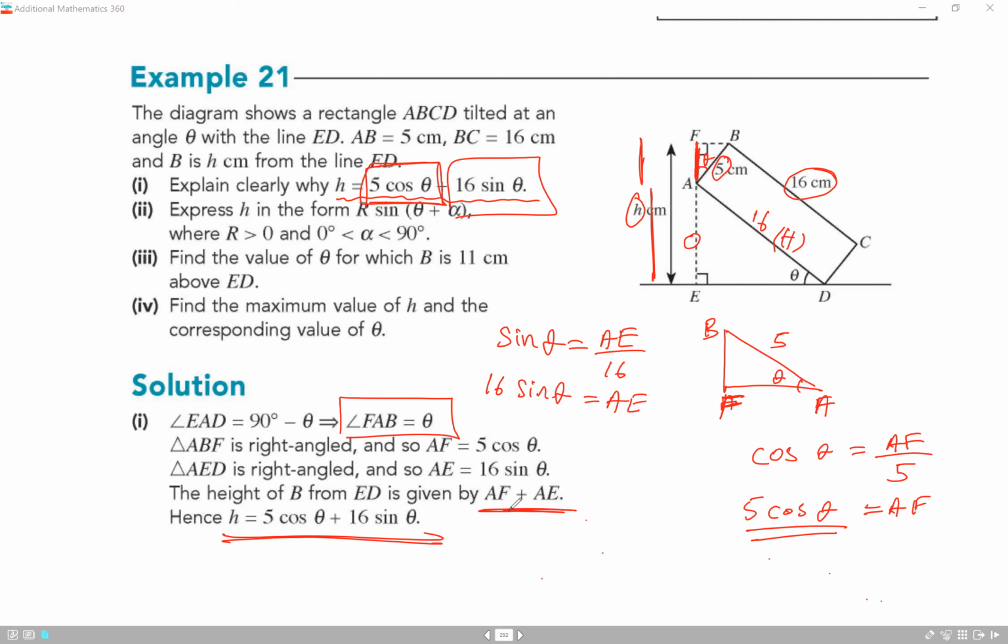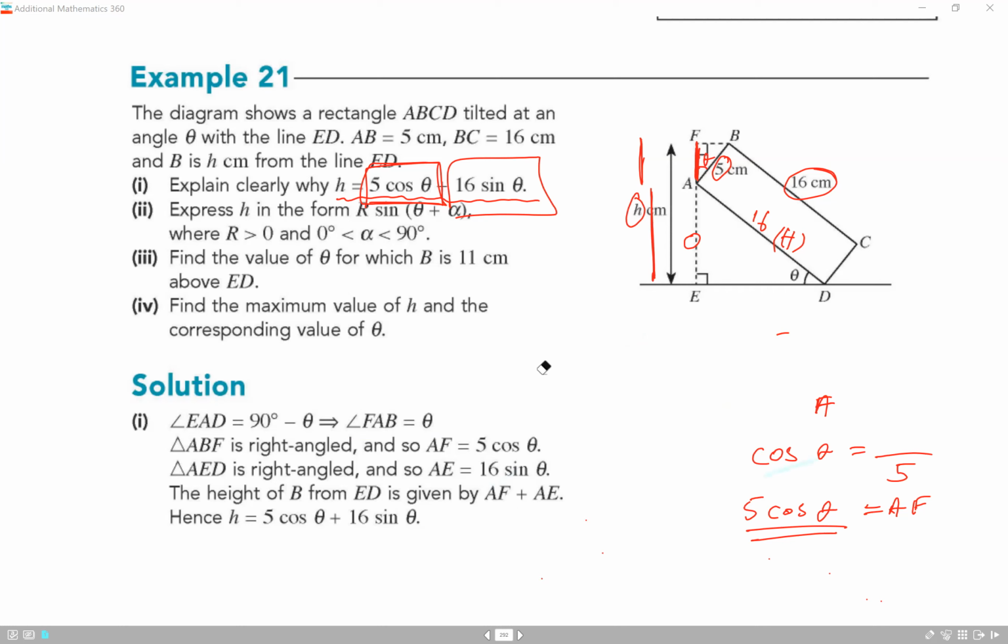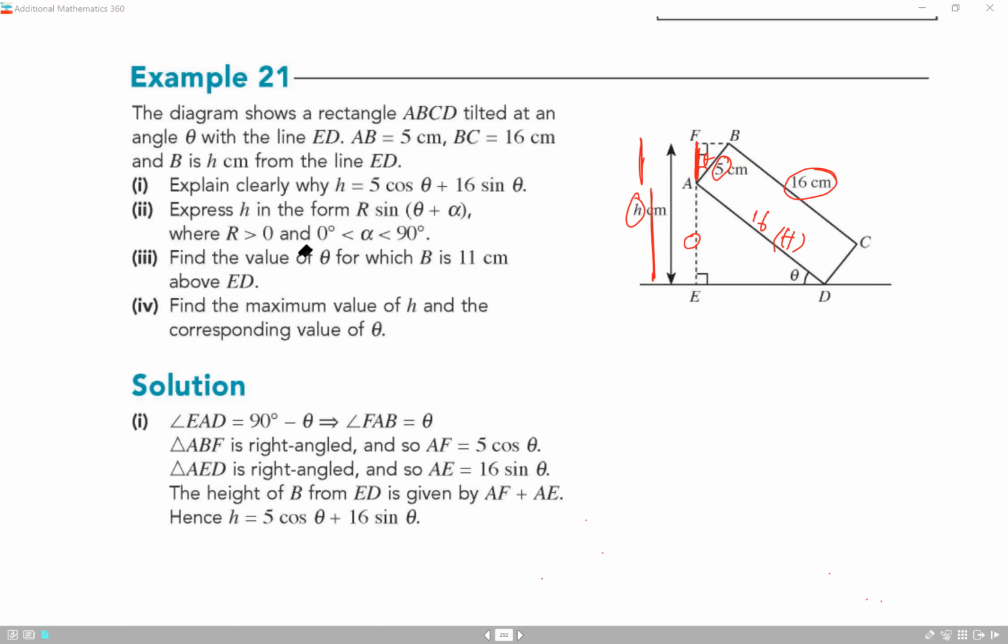Okay, so this is the critical part, but even if you can't do this part, you must be able to do the subsequent one. So I'll just remain in this page. Let me just show you. This is a very good example because it tests you a bit on your flexibility as well.